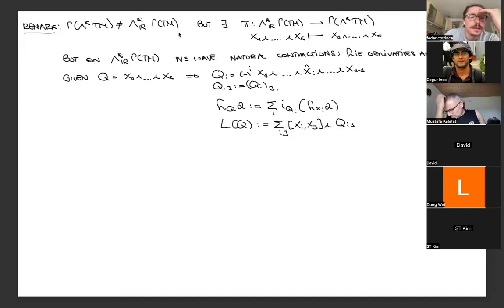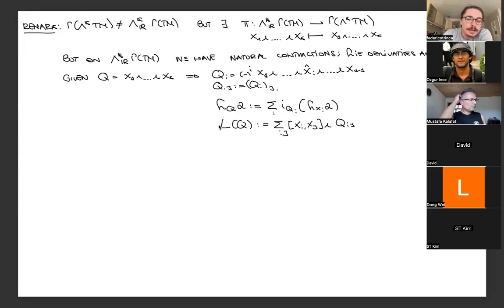And if Q is my element of this lambda kr of gamma Tm, then I can just define Qi as the contraction by the ith term. So I'm just taking out the ith term, and Qij is just taking out the ith term first and the jth term afterwards. And similarly, I can define a Lie derivative of my multivector, which is defined in this way.